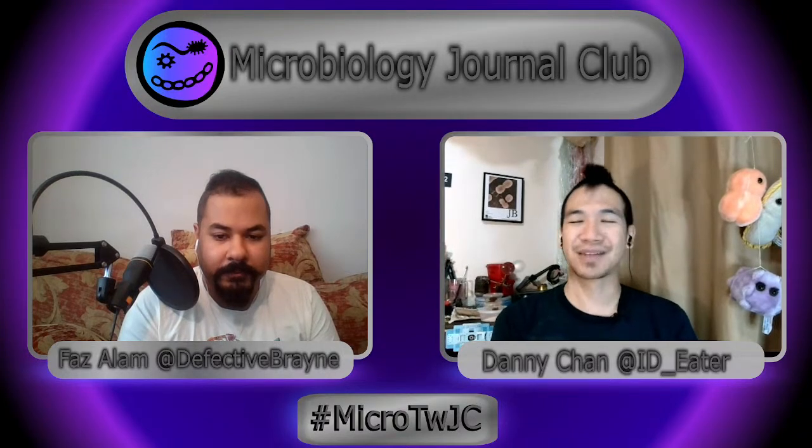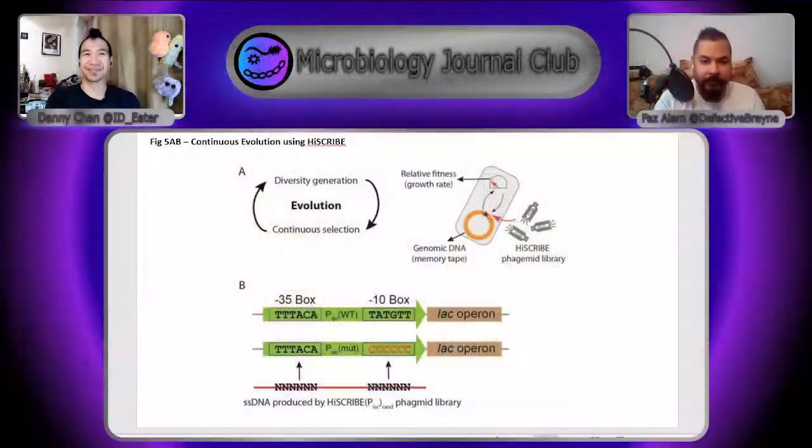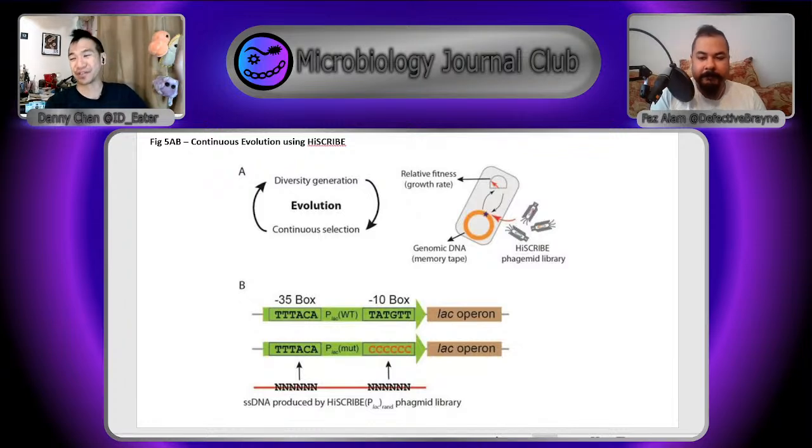This is very similar to other continuous evolution we've seen before on our shows. It's always about creating diversity, and then purifying out from that diverse population the thing that has the property that you want, and then going again, putting the diversity back in and purifying out the population that you want.